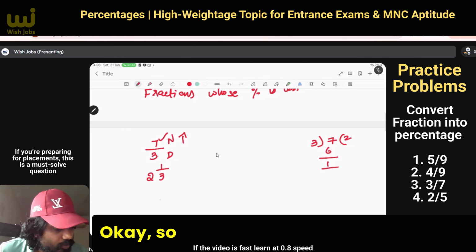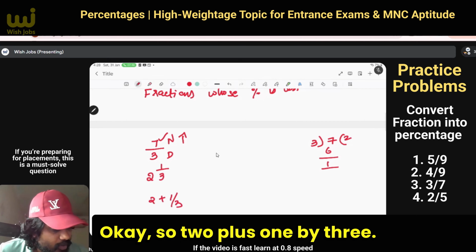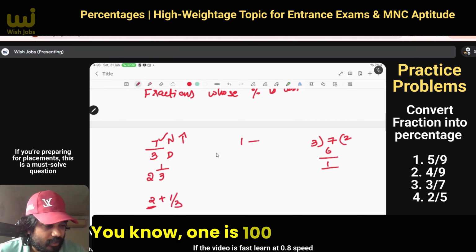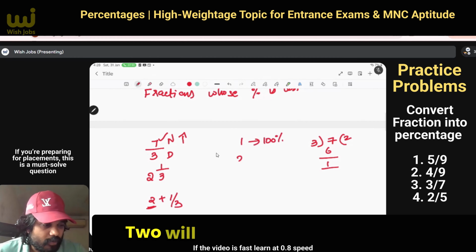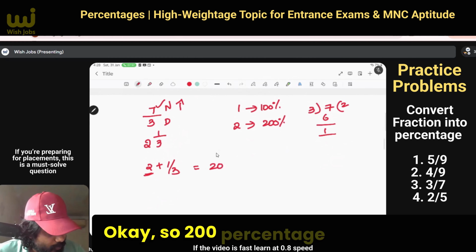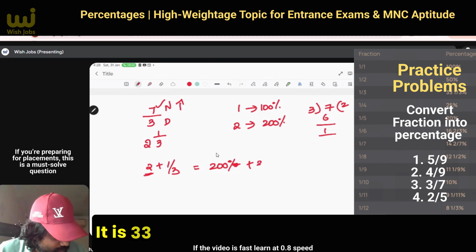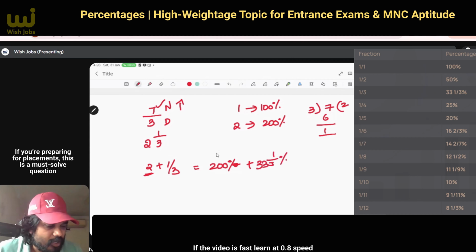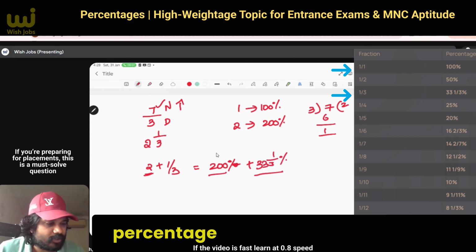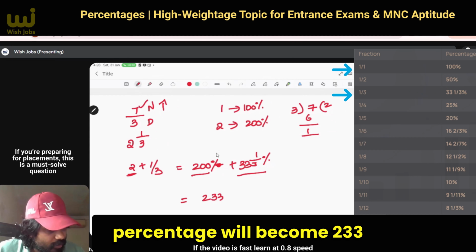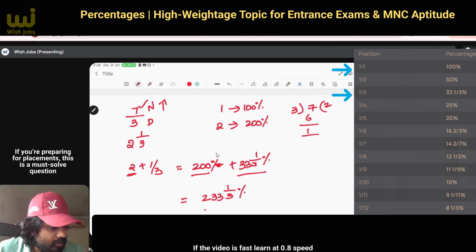Okay, so 2 plus 1 by 3, what is 2? You know 1 is 100 percent, 2 will become 200 percent. So 200 percent plus what is 1 by 3? It is 33 1 by 3 percent. So 200 plus 33 1 by 3 percent will become 233 1 by 3 percent.